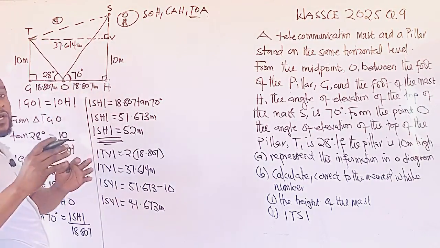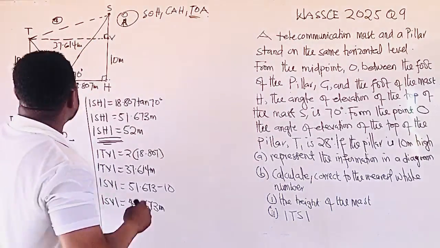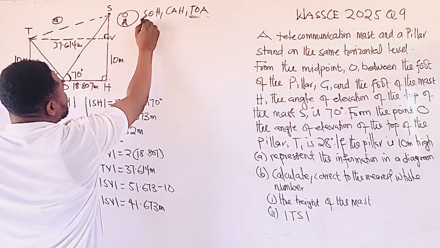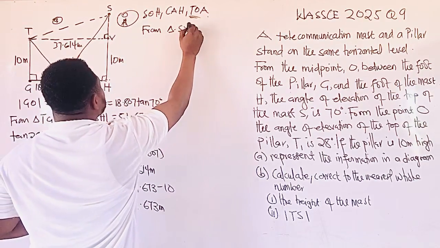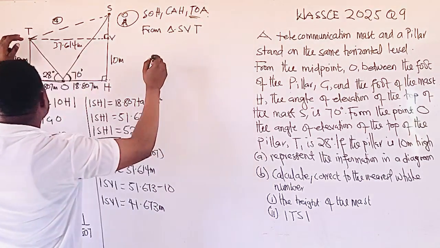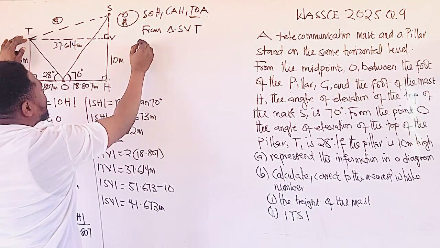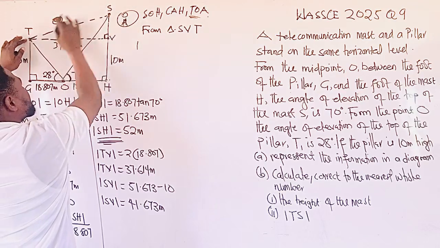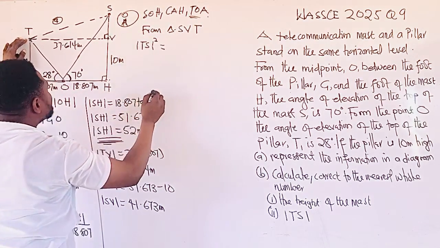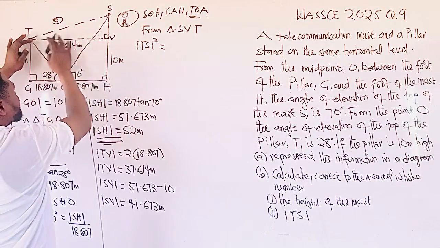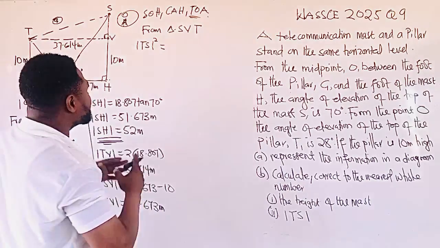Now that we know from X to V and T to V, we can use Pythagoras theorem to find T to S. So again, from triangle XVT, according to Pythagoras theorem, square of the hypotenuse, which is TS, will be equal to the sum of the square of the other two sides of the right angle triangle.